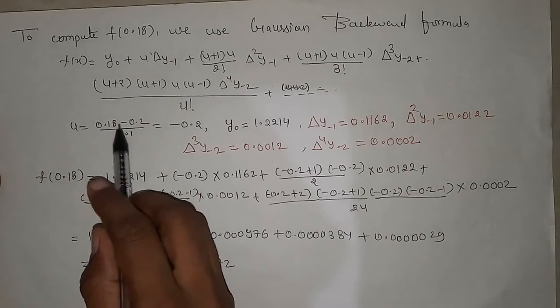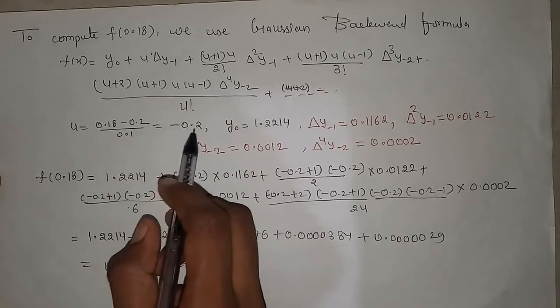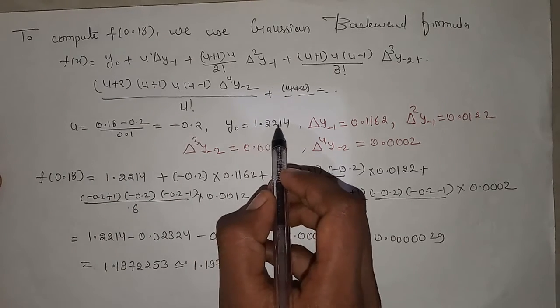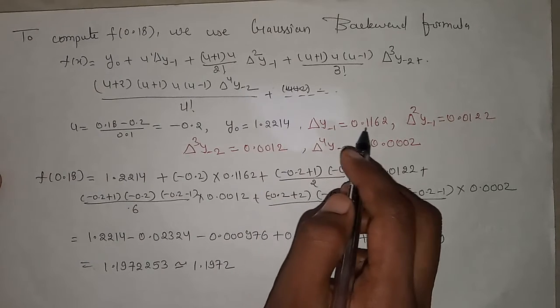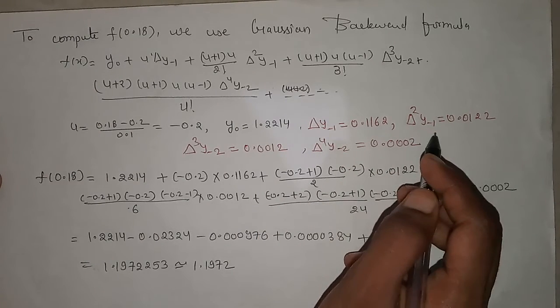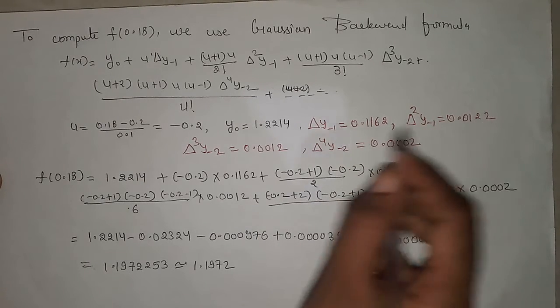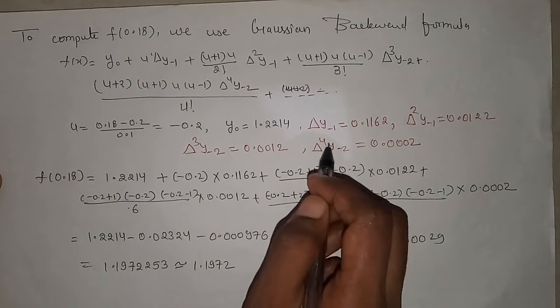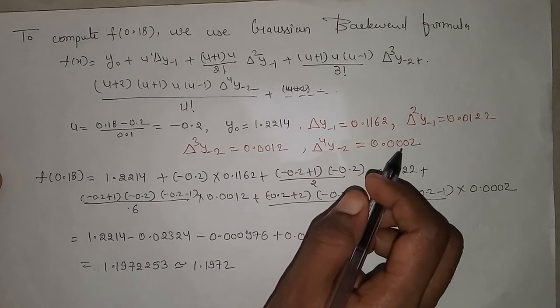Here u is (0.18 − 0.2)/0.1, that is −0.2. Now y0 is 1.2214, delta y−1 is 0.1162, delta² y−1 is 0.0122, delta³ y−2 is 0.0012, and delta⁴ y−2 is 0.002.